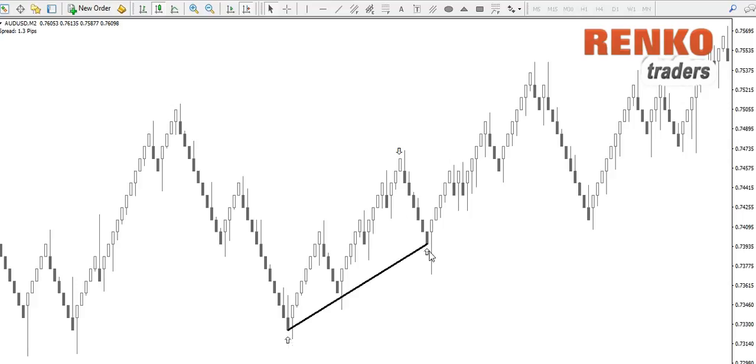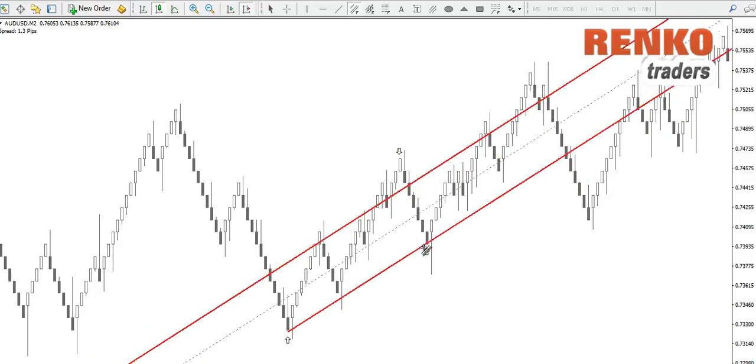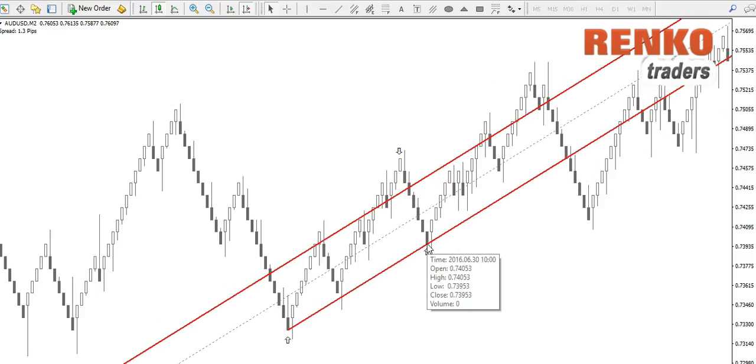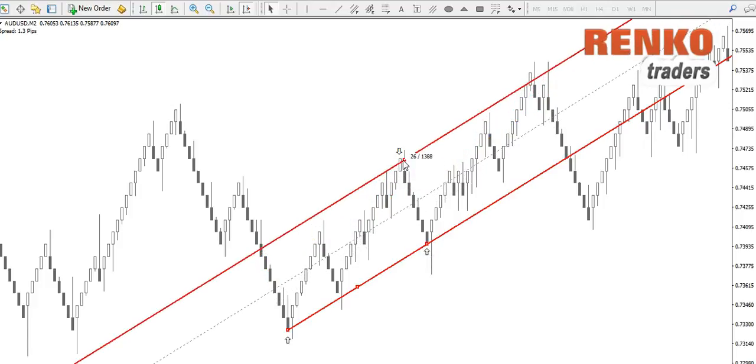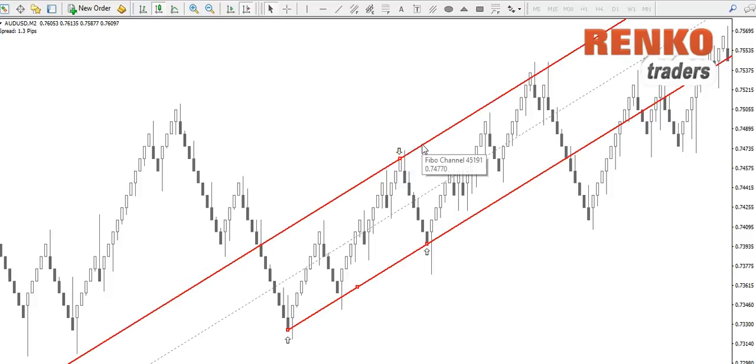So you find a low and then a higher low and then spot the high. Once you find this pattern, click on the first reference point and drag the tool towards the second reference point. Then double click on the Fibo channel again and just drag it to the third reference point, and there you have it.